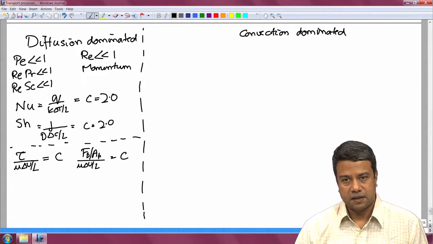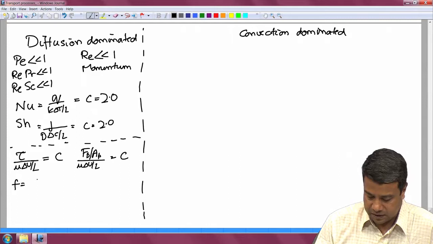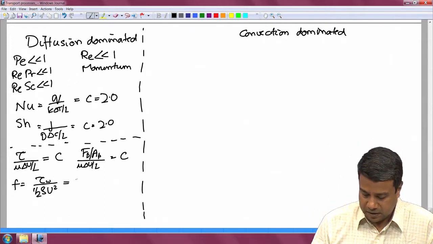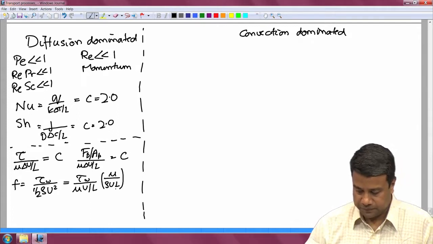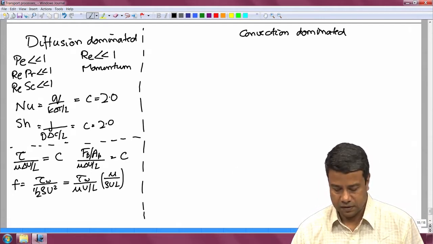Now, as I said, the friction factor is usually defined as tau w by half rho u square. That is traditionally defined, it is scaled by the inertial scales. I can write this as tau w by mu u by L into mu by rho u L. Just rewriting the friction factor in this manner.